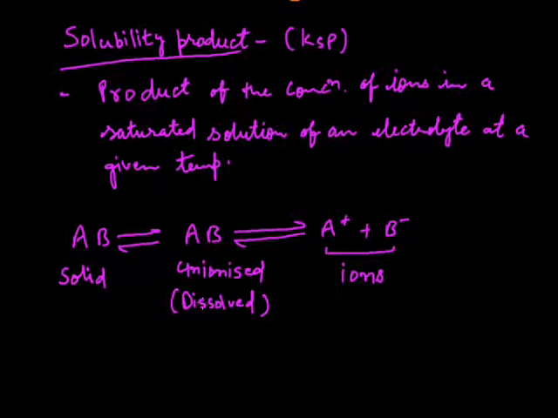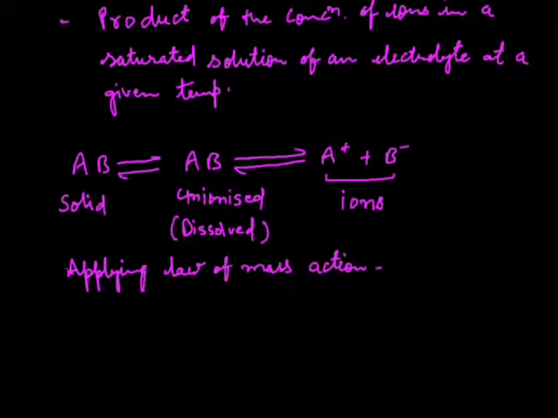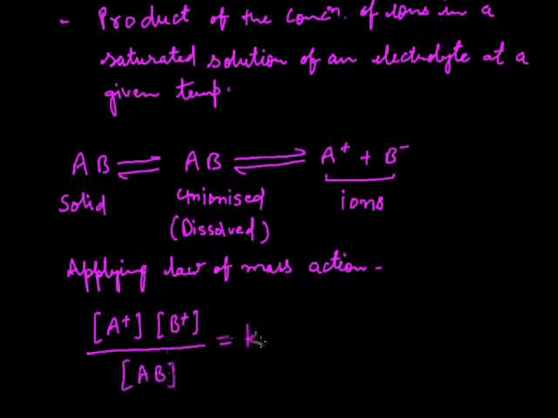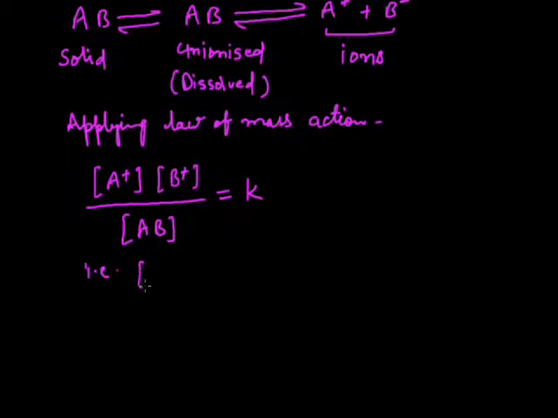Applying law of mass action to the ionic equilibrium, since the solution is saturated, the concentration of unionized molecules of the electrolyte is constant at a particular temperature. That is, concentration of AB equals K dash, that is constant.